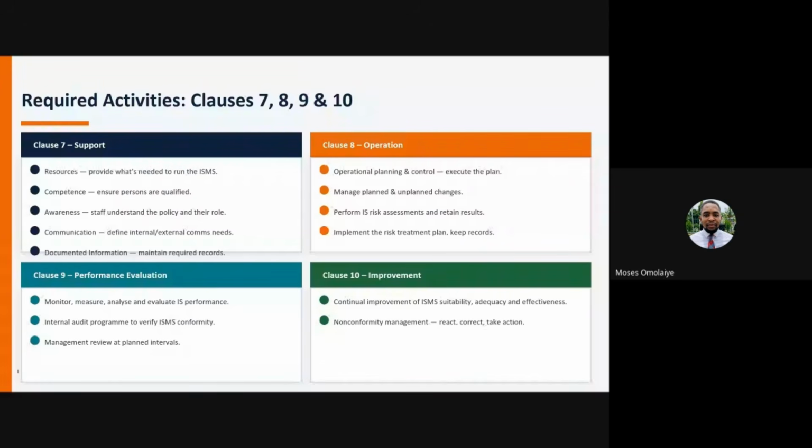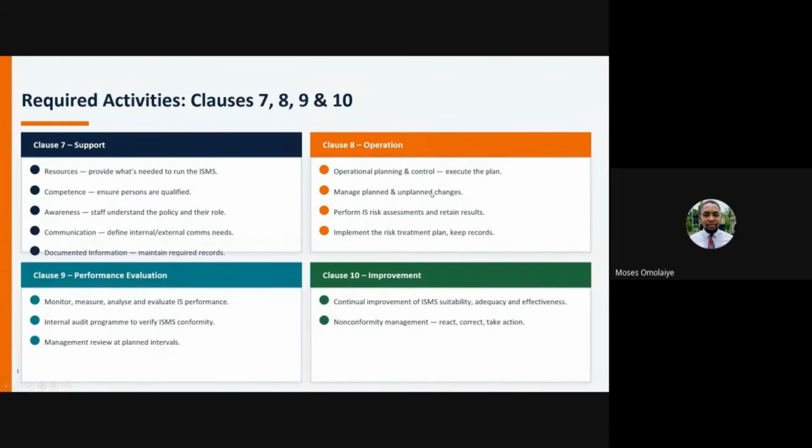There must be a definition of the communication channels and how things would be communicated. And then, of course, the documented information. And that is very key. Information must be documented. Like I said, if it's not documented, it doesn't exist. This is evidence-based, and documentation builds up to evidence.